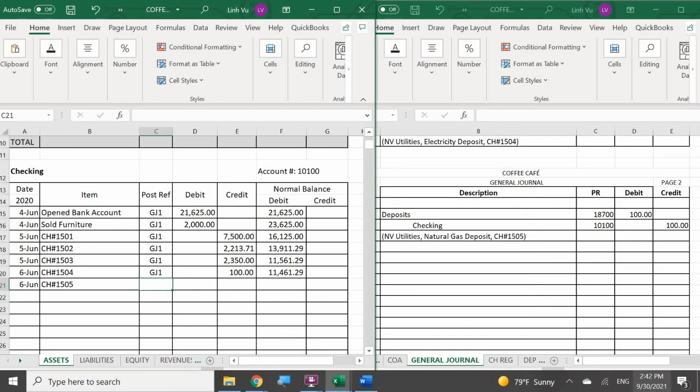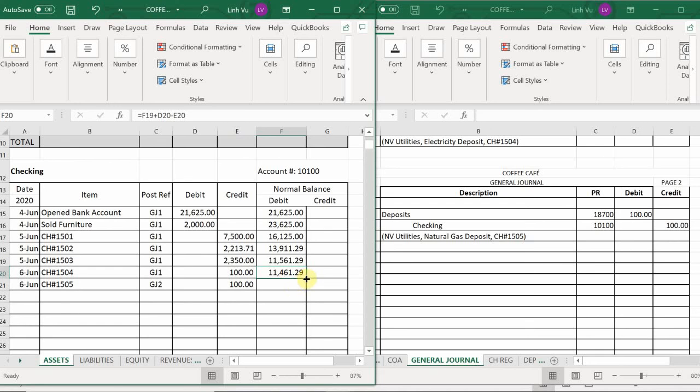What journal page are we on this time? Page number 2. And we spent another $100, so therefore, how much money should I have in my checking account? 11,361.29. Okay.